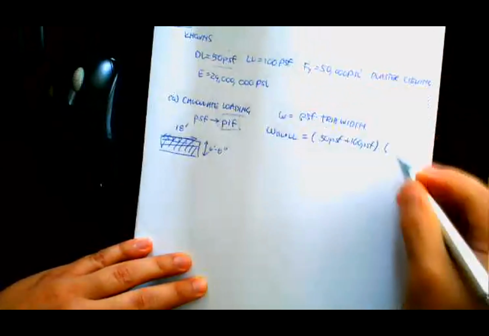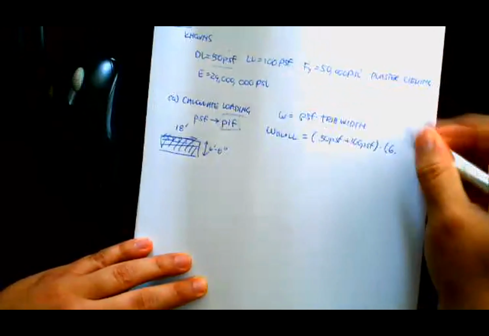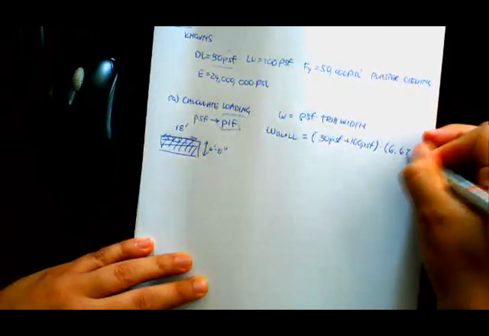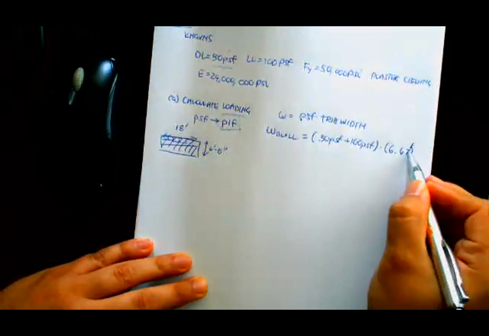So in this situation, the tributary width is 6 feet 8 inches, and I'm going to make it a decimal. 8 divided by 12 is 2/3, so 6.67 feet.